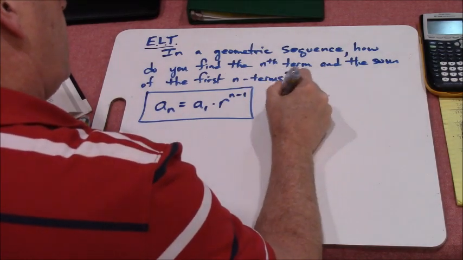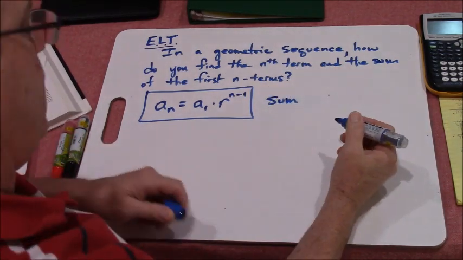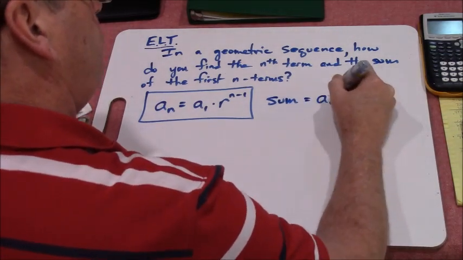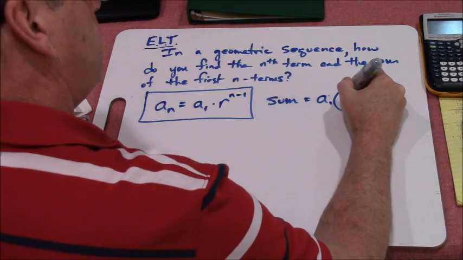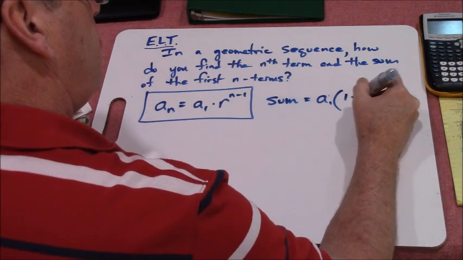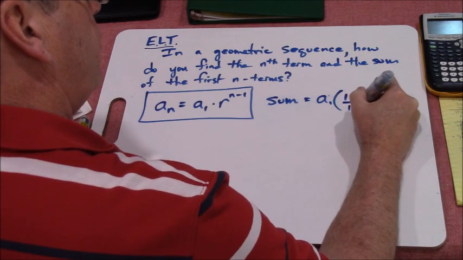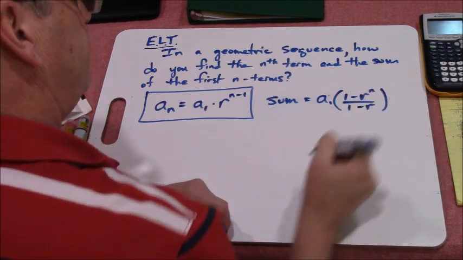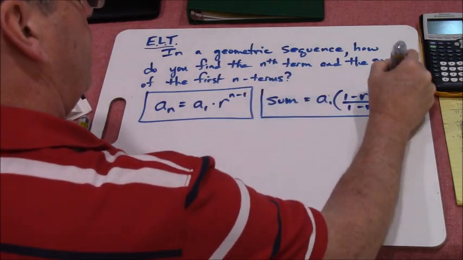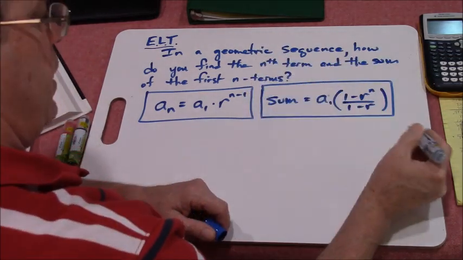The sum of the first n terms is going to equal the first term, a sub 1, times 1 minus r raised to the nth power, over 1 minus r. And that would give us the sum of the first n terms.